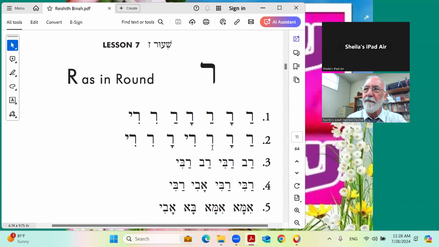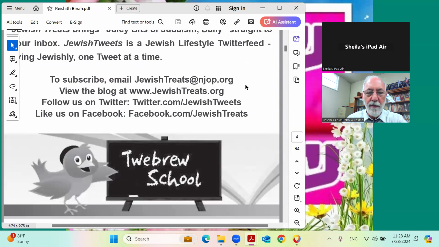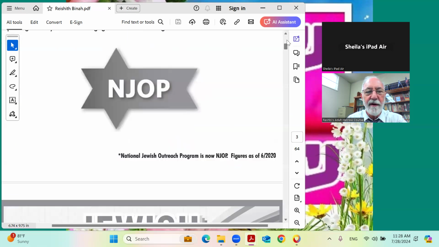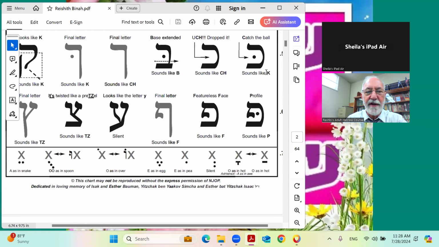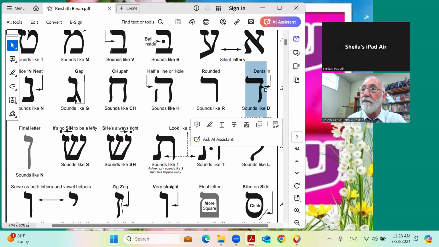See the difference? You've got this rounded. And on your chart, at the first part of this file, where you have all the letters, they put them together to show you distinctions. See, here's your D or your dalet, and here's your R, which is your resh. Notice the difference. This is just rounded. This one's got a little dent.